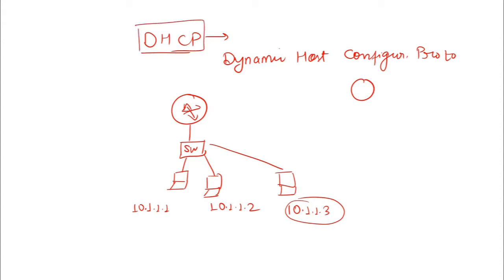They use the DHCP server to assign the IP addresses, and then each host is able to communicate using the IP address that has been assigned from the DHCP server. The DHCP server has to take care that the IP address is not duplicated, so one by one it has to assign. So now let's try to understand how the DHCP process actually works.